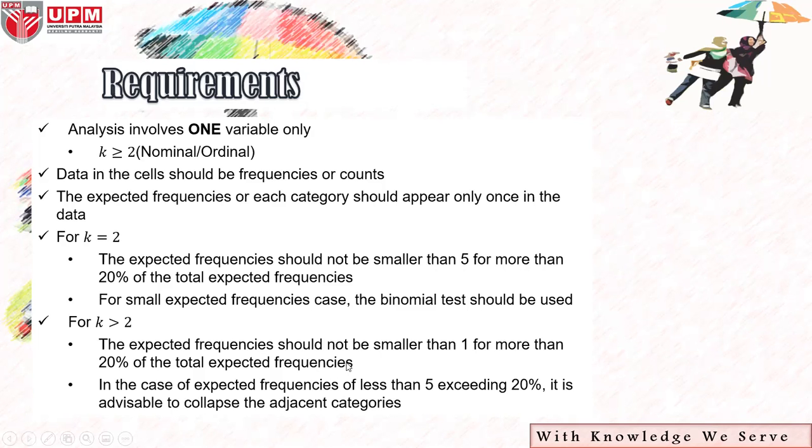And in the case of expected frequency of less than 5 exceeding 20%, it is strongly recommended for us to reduce the number of categories. We combine: if let's say we have 3 categories, we combine them to become 2. We reduce the number of categories to make sure that the number of cases exceeds 5. Understand?